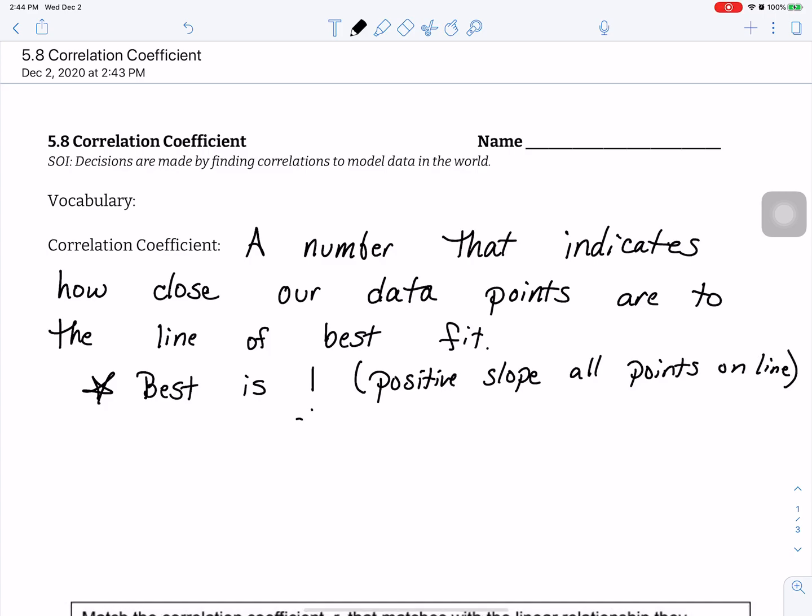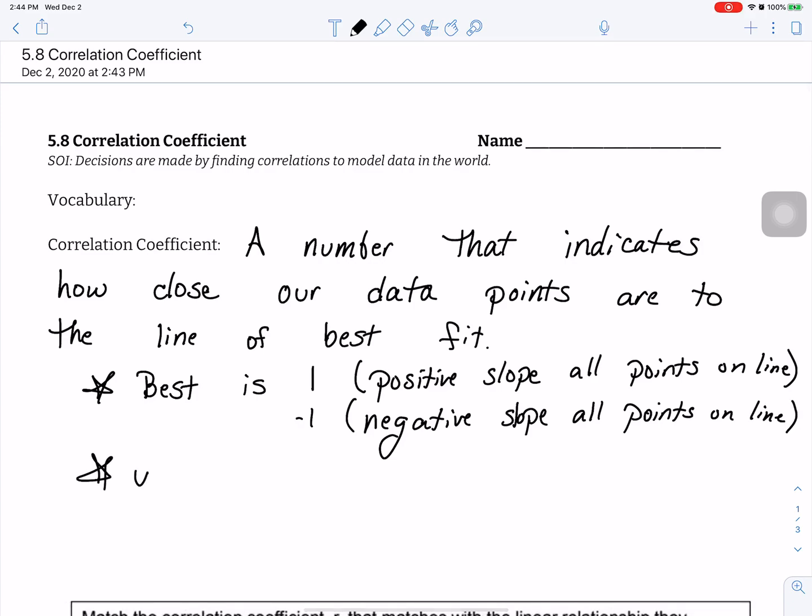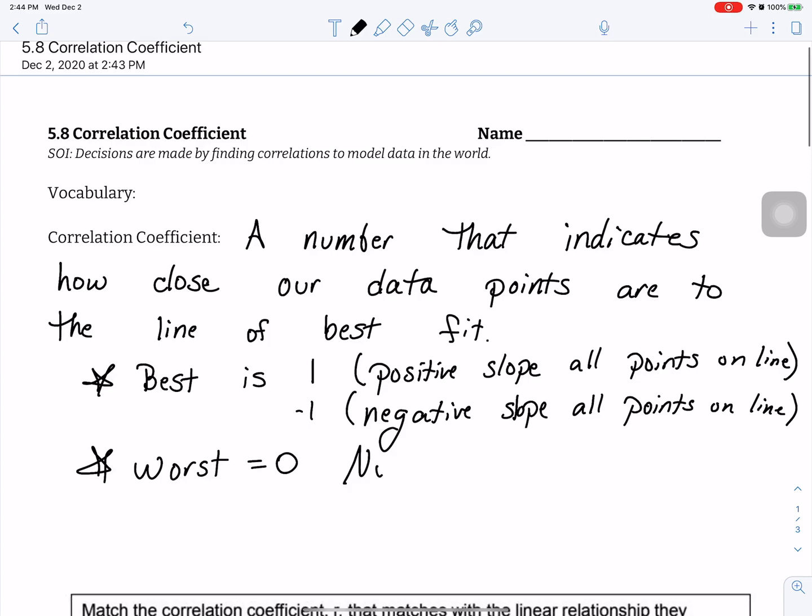Or a negative 1, so negative slope, with all points on the line. The worst is a 0. So there's no pattern. We couldn't draw a line, so no pattern, no line.